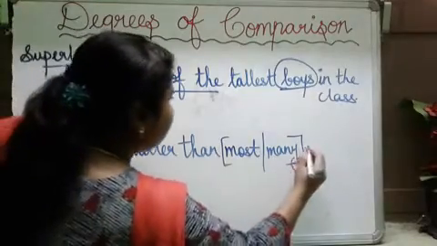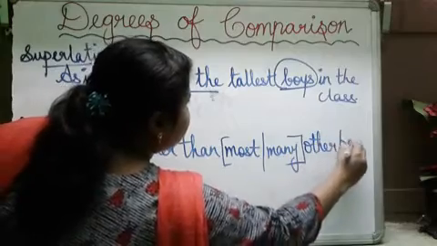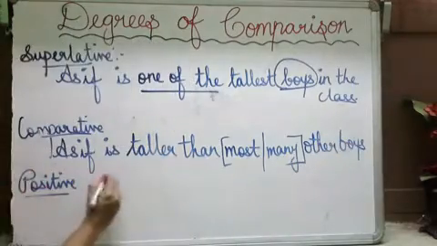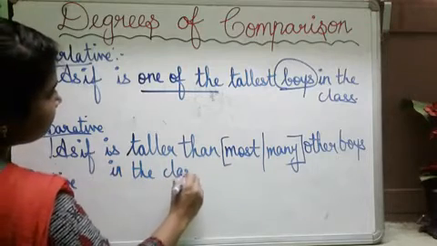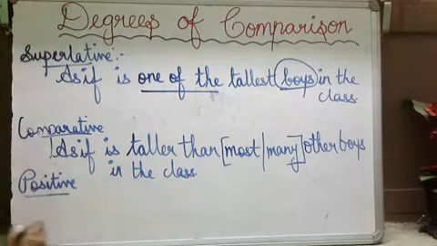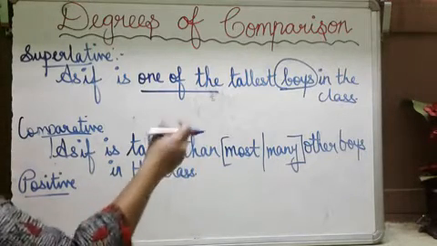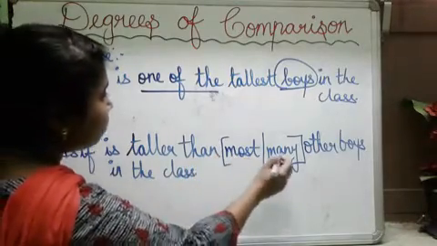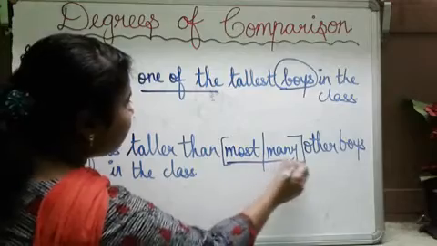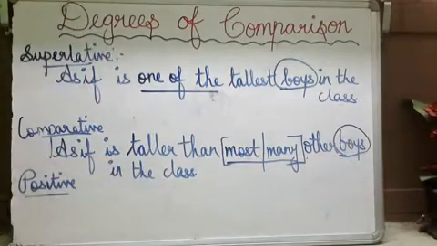Taller than most other or many other boys in the class. So what difference can you see between the first pattern and second pattern? In the first pattern it was 'than any other boy' only. Here we are using most or many, and then the boys. That is the difference.